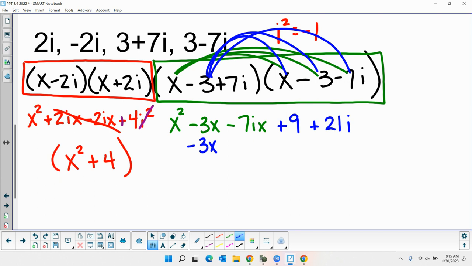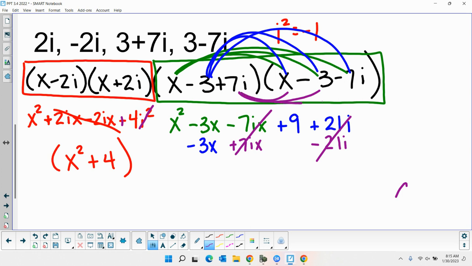I need to do the 7i times all 3, which is positive 7ix. What happens to those 2? They're opposites, right? So those are gone. Negative 7i times a negative 3 is a negative 21i. What happens to those 2? Cancel also, right?